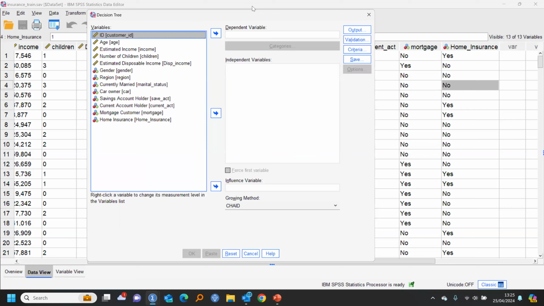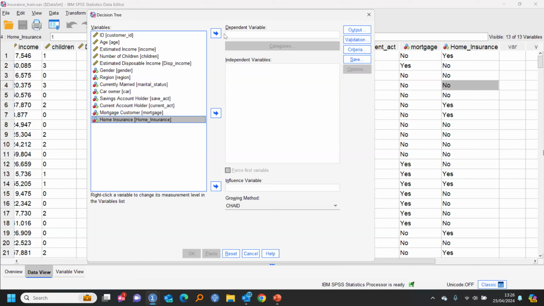Or, if you don't have it already, you can add it to your existing base package as an additional module. It would occur simply as an extra dialog box, which we're seeing here in the menu item, and it would be enabled simply by putting a new code into SPSS, and it would unlock that capability to you.